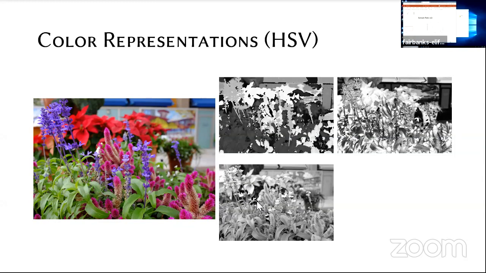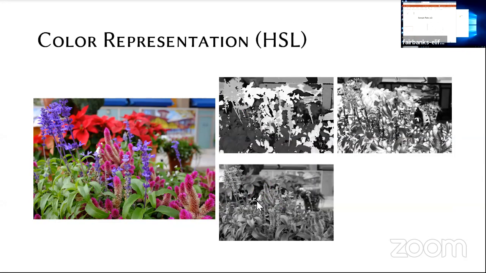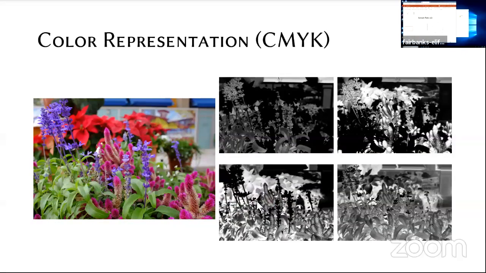For example, cyan, which is blue and green, is going to reflect red light, so when it goes in there, it's going to basically not allow red light to come through. Let's see if I'm right on that. I always forget. This is called CMYK, and K is called the key color.